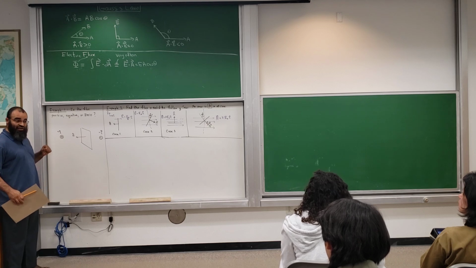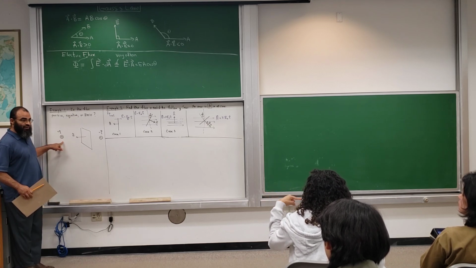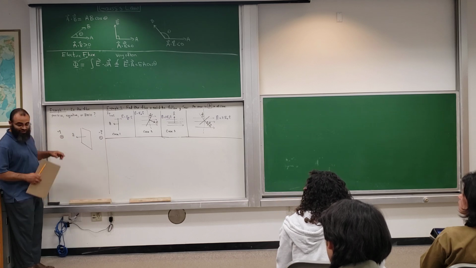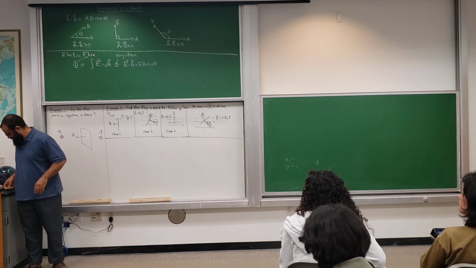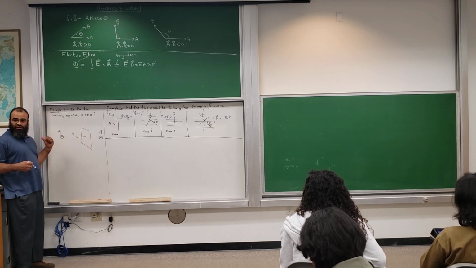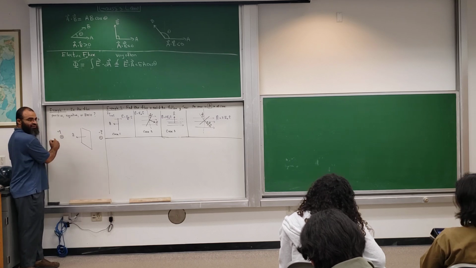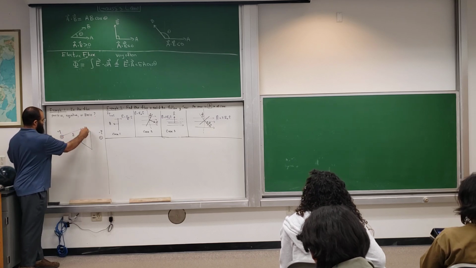You said why would it be negative? Good, so you're saying this. The area is pointing this way. Okay? The area points left. In what direction is the electric field due to the positive charge? Right. Somehow to the right.